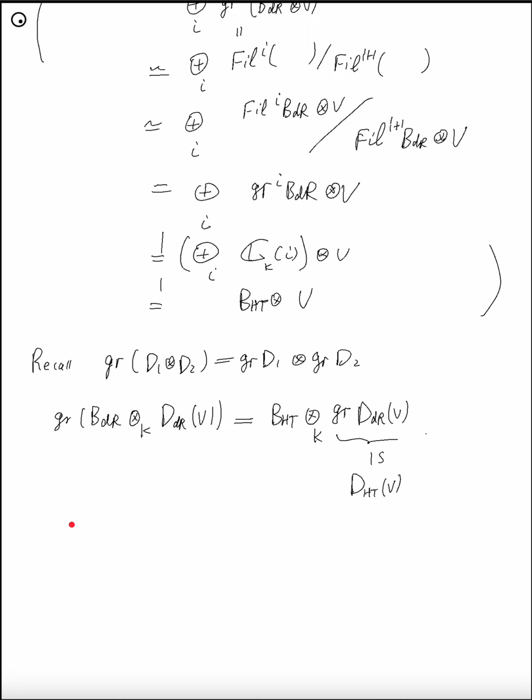And in this case, we notice that the graded piece of alpha_dR actually coincides with the following alpha_HT, which is what we use to define Hodge-Tate representation. Because on the left hand side we put the graded piece of this, but this is just B_HT tensor D_HT(W). On the right hand side, it is just the graded piece of B_dR tensor W, which we have computed.